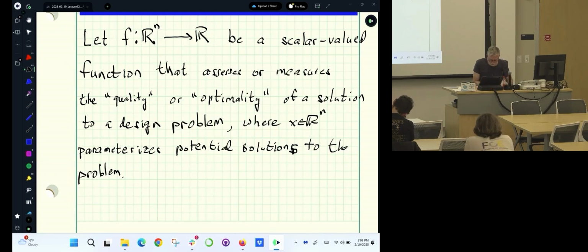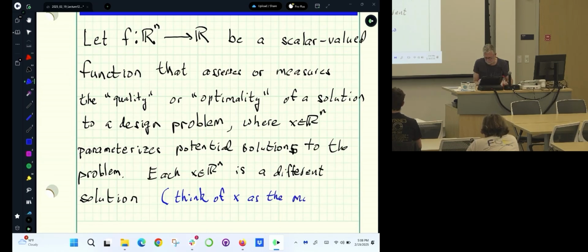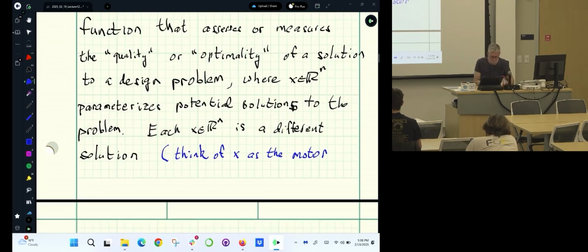Okay, so each x in Rn is a different solution. And I'll ask you to think of x as the motor torques in a robot.